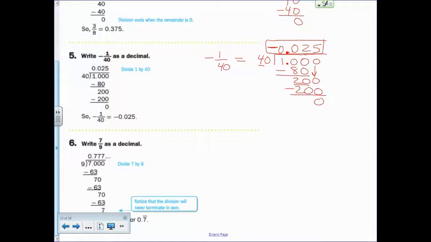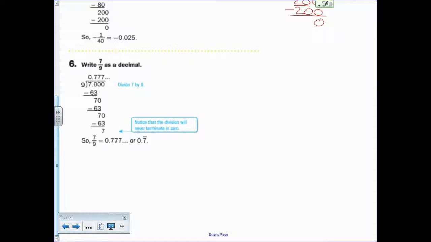Notice example number 6, 7/9. Look what happens here. Again, the top number must go inside, the bottom number must go outside. I have to add a decimal and a 0, bring my decimal point up and add a 0 to it. 9 goes into 70.